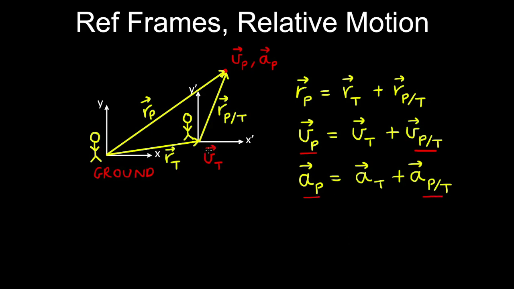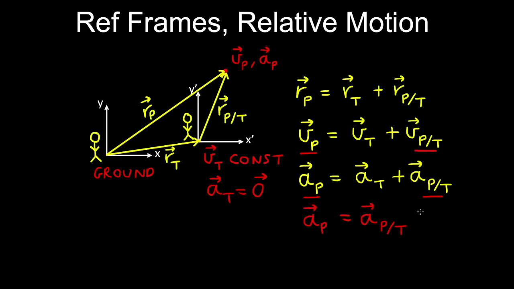And if this frame is not accelerating, so it's traveling at a constant velocity, so therefore the acceleration of the translating frame is 0, then the acceleration of the particle that's measured by the observer in a ground or stationary reference frame is equal to the acceleration measured by an observer in a translating reference frame.